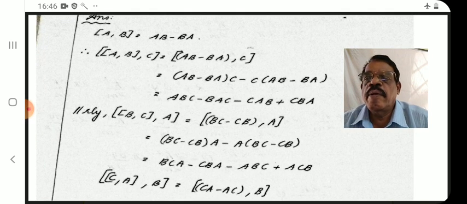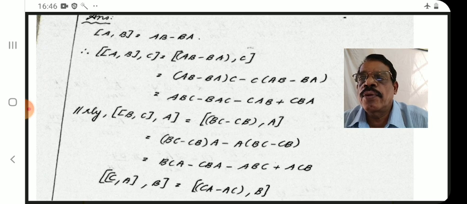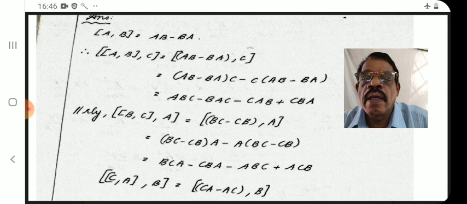[A, B] is AB minus BA. Therefore, [[A, B], C] we write as [AB minus BA, C]. Remove the bracket: (AB minus BA) into C minus C into (AB minus BA). That is the expansion. Remove the bracket: ABC minus BAC minus CAB plus CBA.